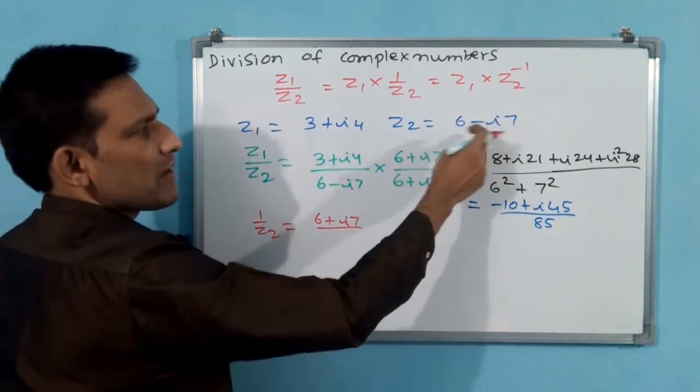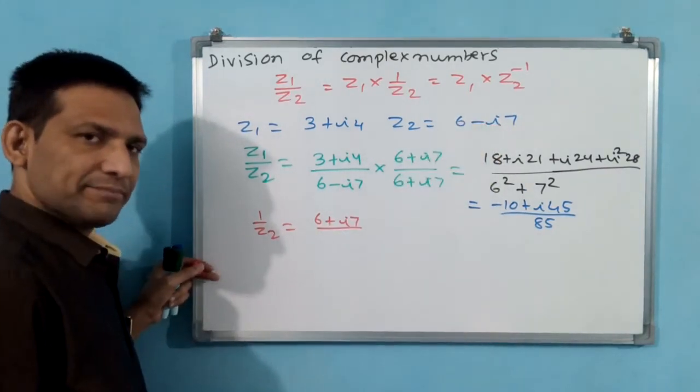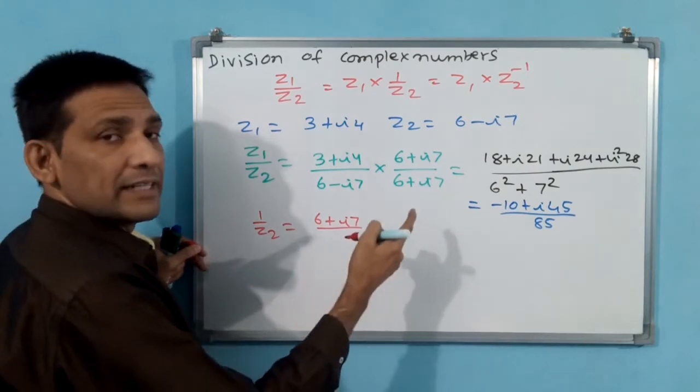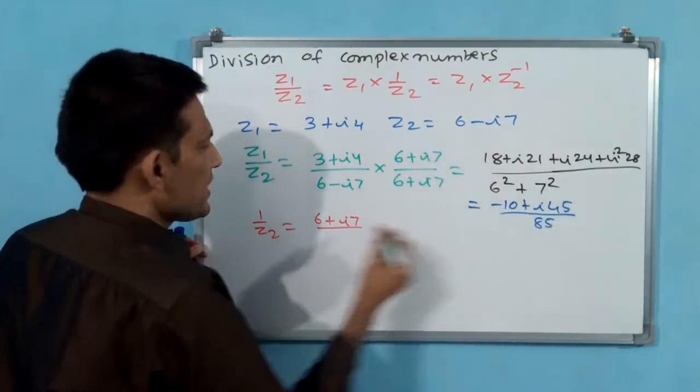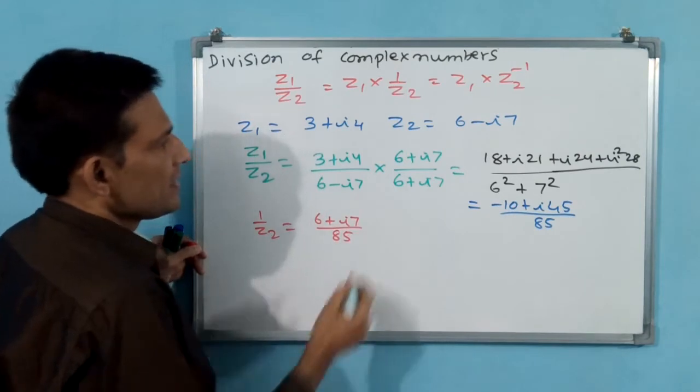Why? Because this minus is going to become plus. We know 6 square plus 7 square is 85.